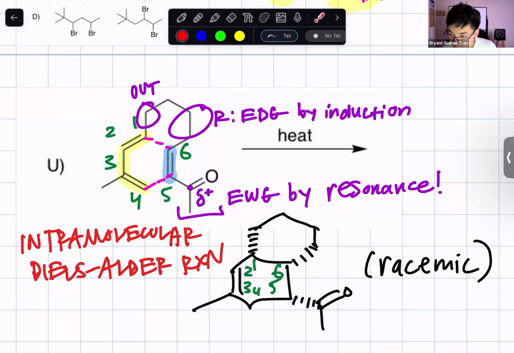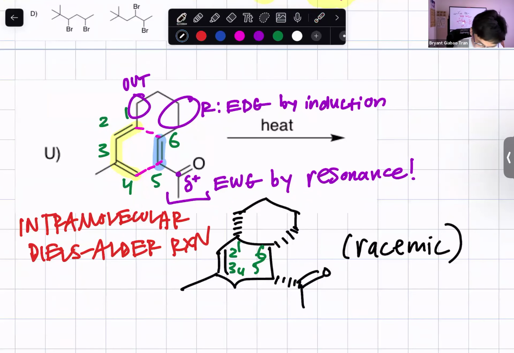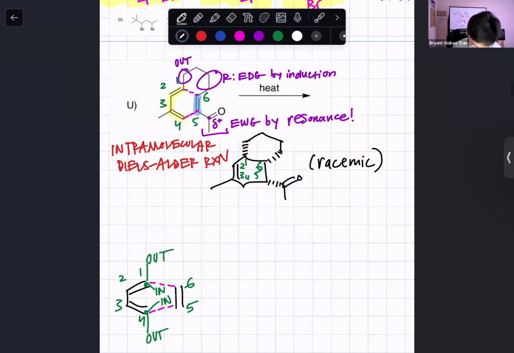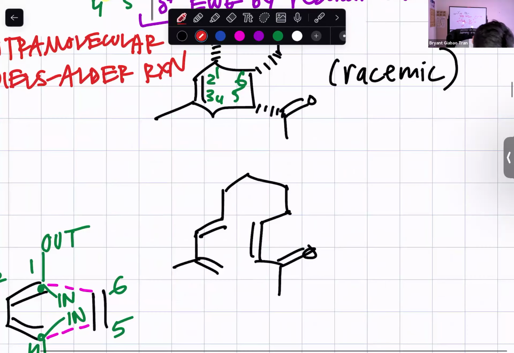I thought it was a ring closing, so yeah. So this one right here, you could think of it as a ring closing as well, right? Because if we imagine this to be ring closing and we do the conrotatory or disrotatory, you should still get the same answer, right? Because let's say that we did ring closing like this, which means how many pairs of electrons are reacting here?